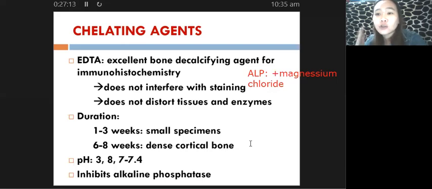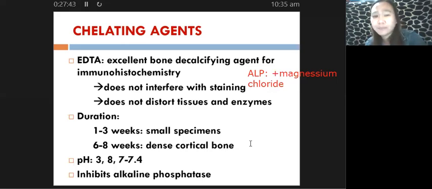For dense cortical bone, it would require 6 to 8 weeks. Just imagine that. 2 months of performing the decalcification process. Right? It takes so long. Okay? So that is the major disadvantage of using EDTA in removing your calcium and your mineral deposits.